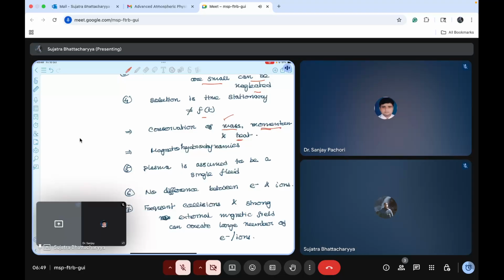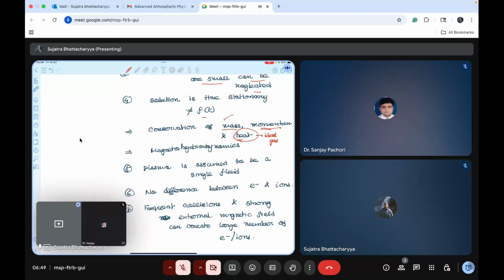Heat conservation means something related to the ideal gas equation. Finally, this comes under magnetohydrodynamics, but we don't need to go into much detail of that. A couple of other things: plasma is assumed to be a single fluid, with no difference between electrons and ions; they are the same.